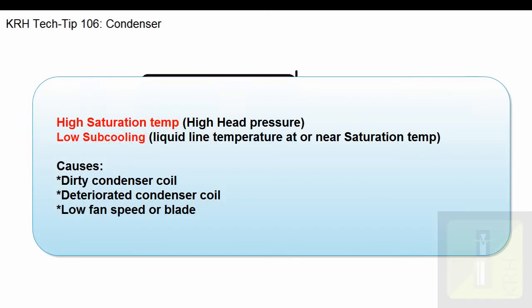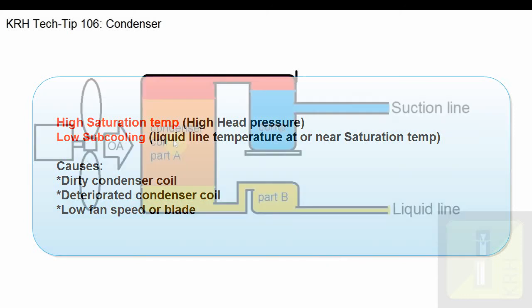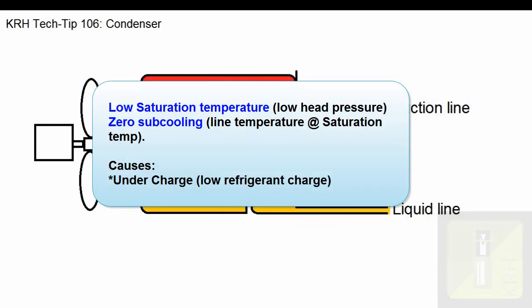So, when we are checking an air conditioning system, if our head pressure is higher than normal and our subcooling is lower than normal, that would indicate a decrease in the efficiency of our condenser.